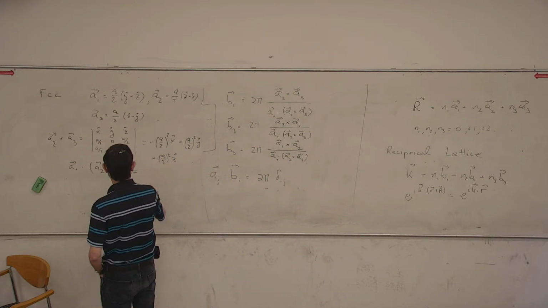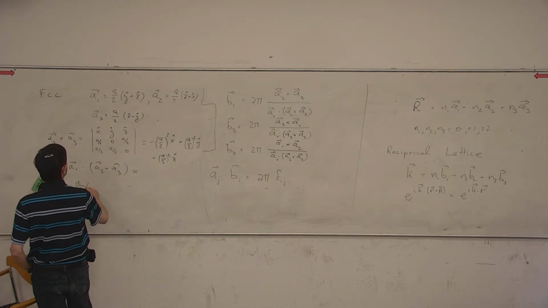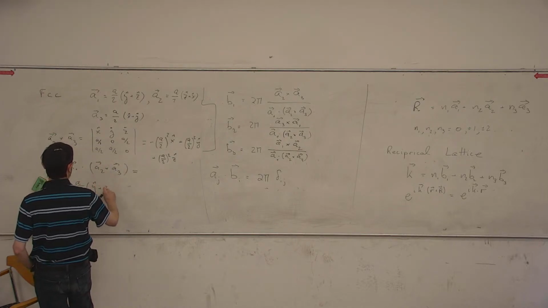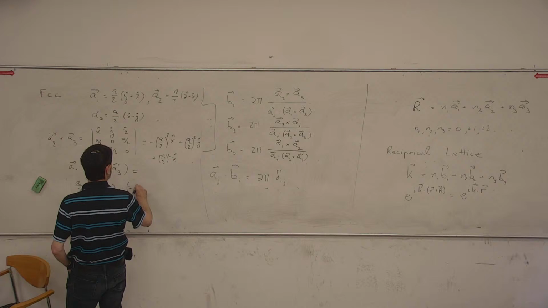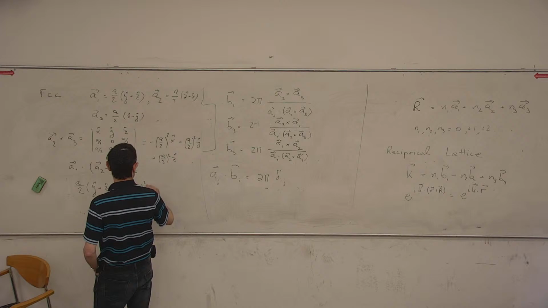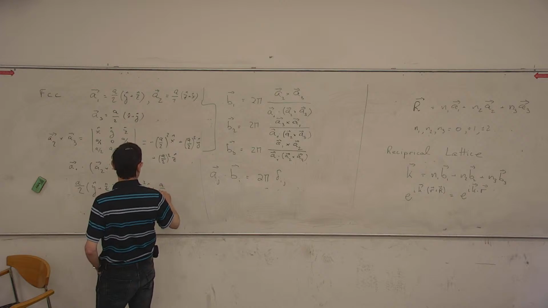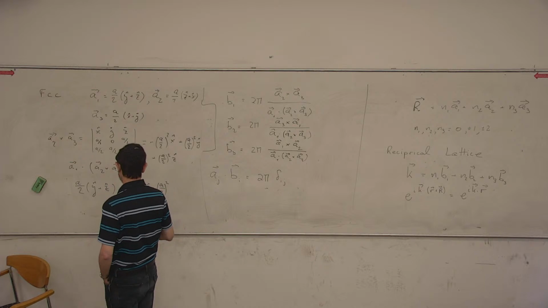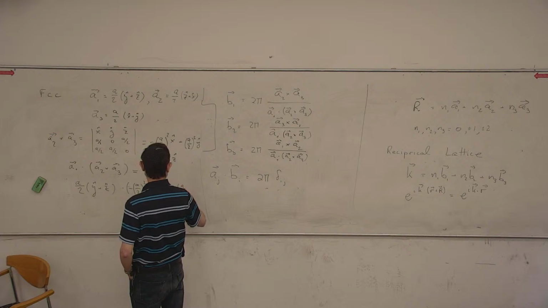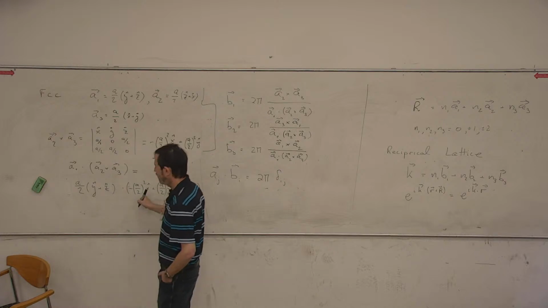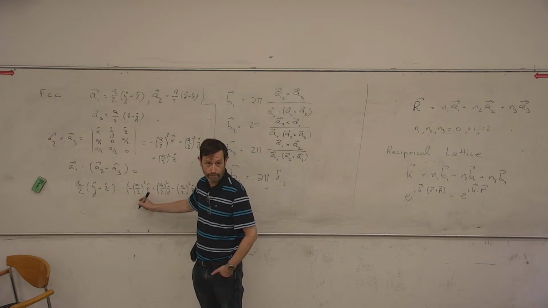Okay, so here we have a over 2 y plus z dot... x has no partner, so it's 0.